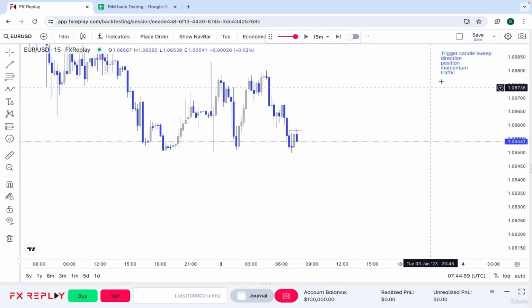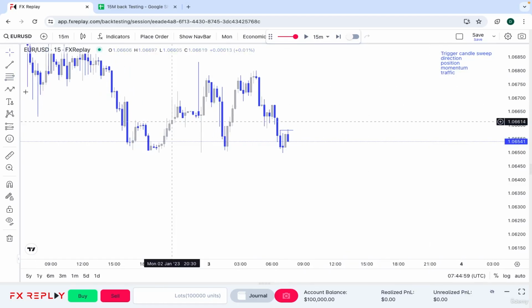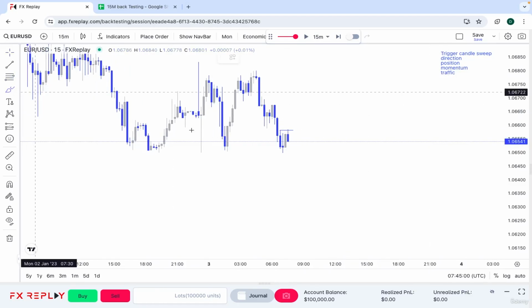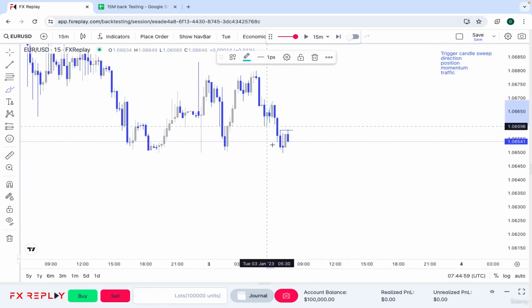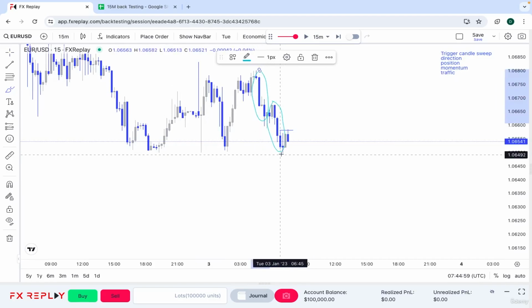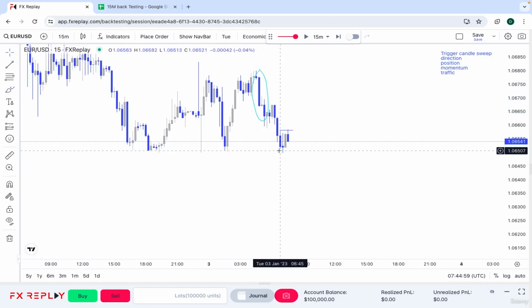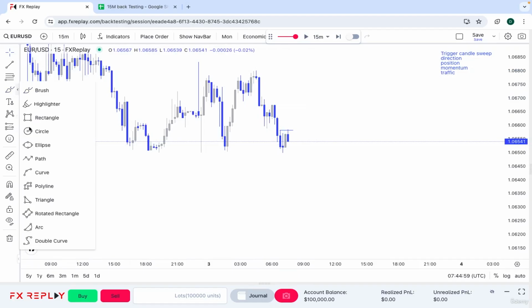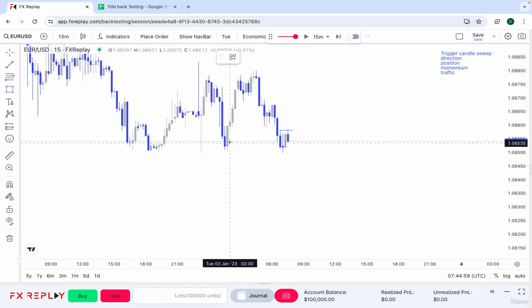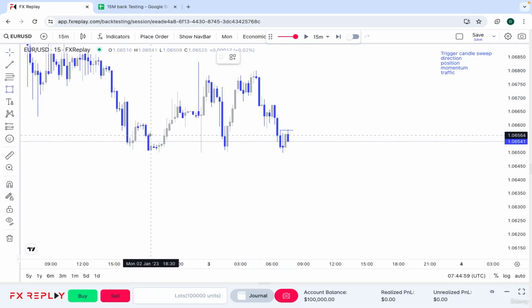So position, we're good. Momentum, we're also good because we have these big strong moves to the downside. Now, the only thing I'm not the most keen on, but I'm still going to place this trade, is the fact that we are in a demand zone here.